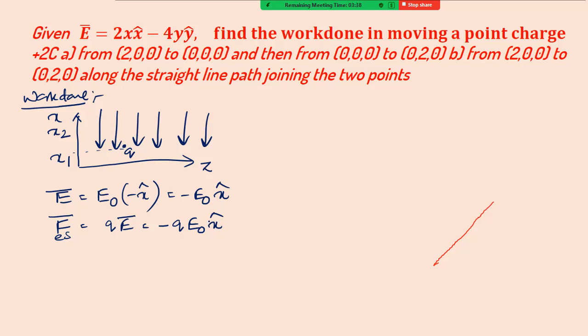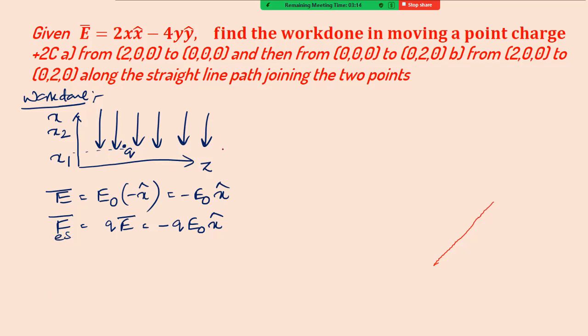But work can be done whenever the movement of the charge is occurring opposite to the already existing field. For that existing field the charge is to be moved oppositely, then only we can say work has been done.